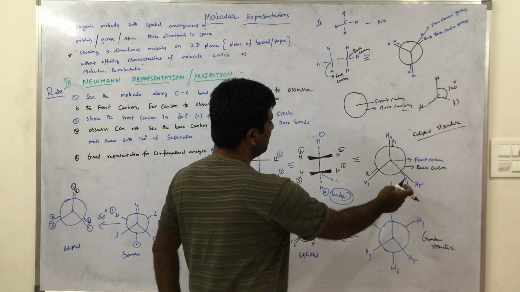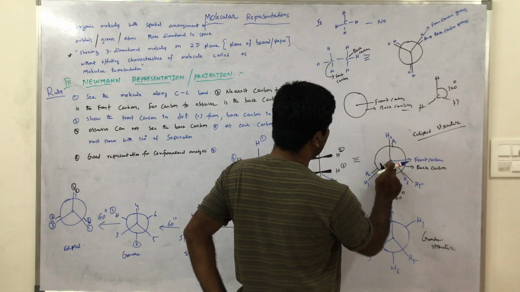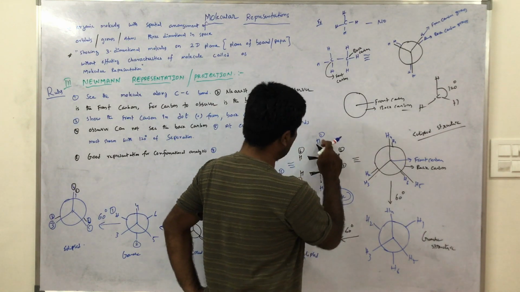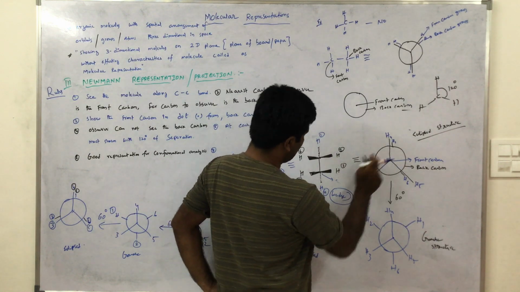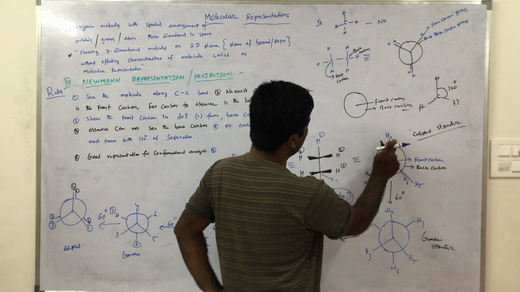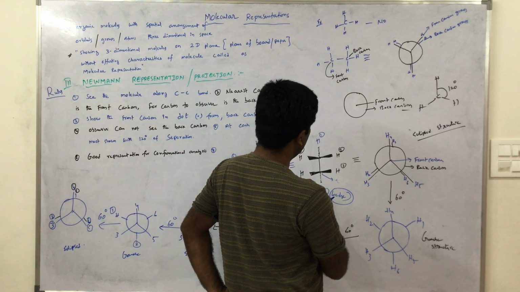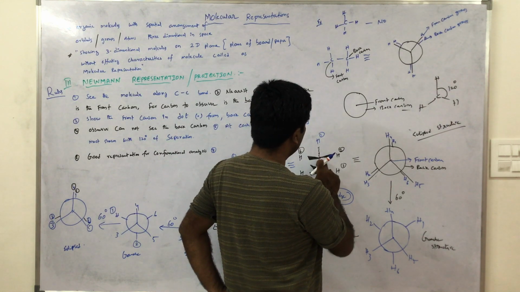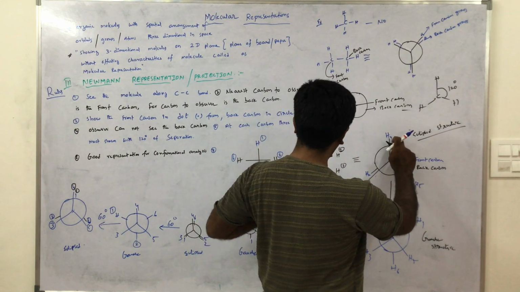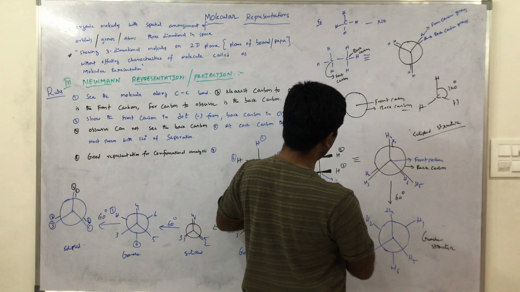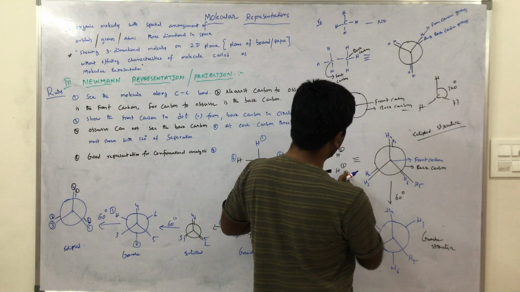So in the Newman projection, this is the front carbon and this is the back carbon. The front carbon has H4 and H3.